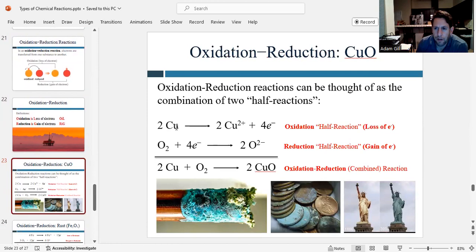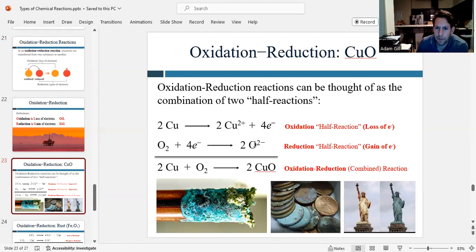So copper metal can ionize. Two coppers can form two copper 2+ ions and give off 4 electrons. This is known as a half reaction. On the other hand, oxygen can absorb 4 electrons to form 2 oxide anions.